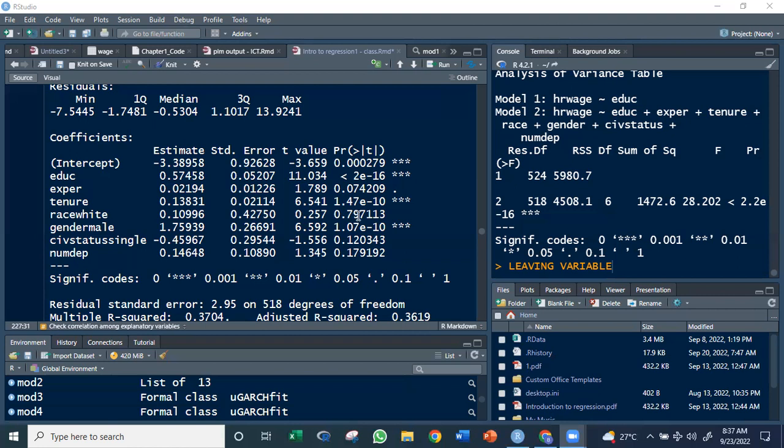Sa lahat among the non-significant variables, si raise yung pinakamalaking p-value, as compared to the others that are not significant. Si number of dependents, 0.17 lang, si civil status, 0.12, si experience, 0.07. So among the non-significant explanatory variables, si raise yung pinaka hindi significant.